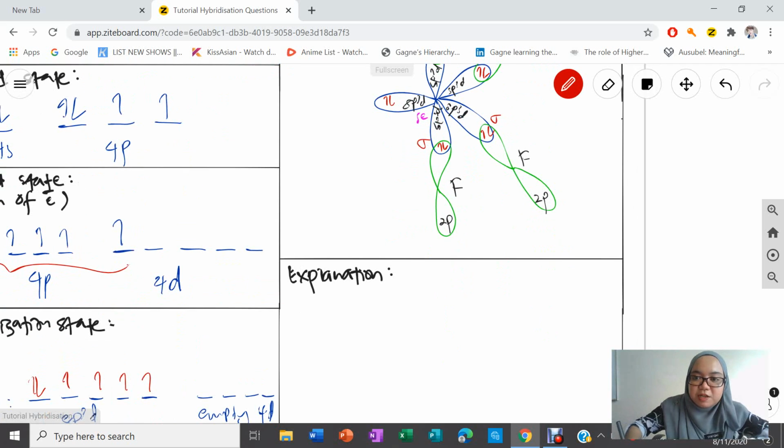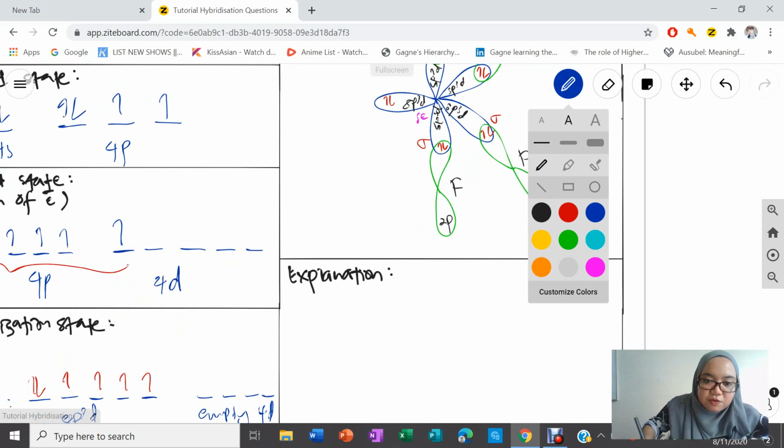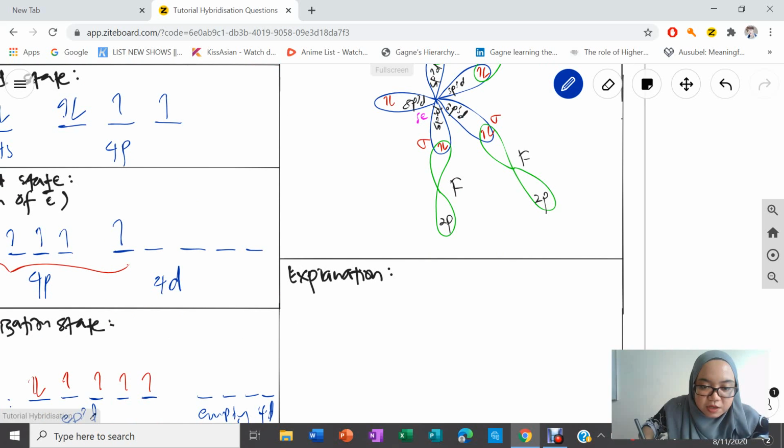So the first explanation is to explain the formation of sigma bond.